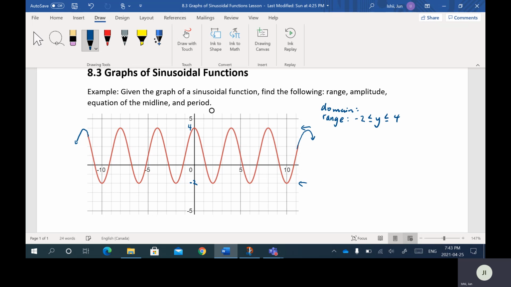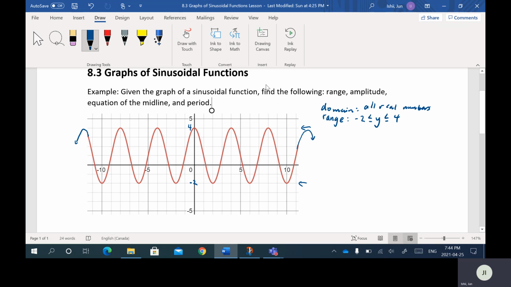Going left to right, there's always going to be a function everywhere. So the domain in this case is all real numbers. However, the main focus here is the range. This function is between -2 and +4. That's the range.